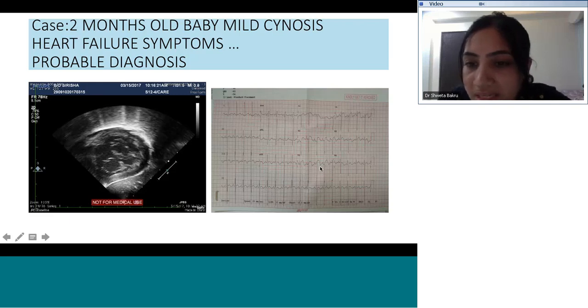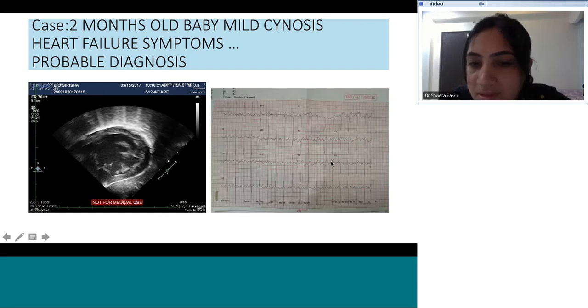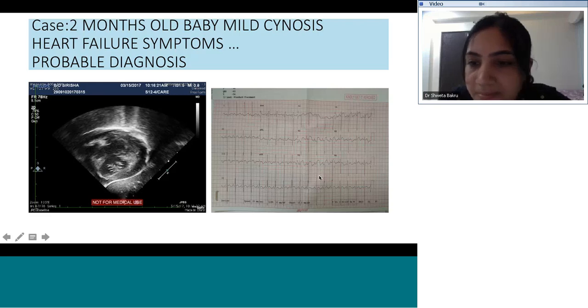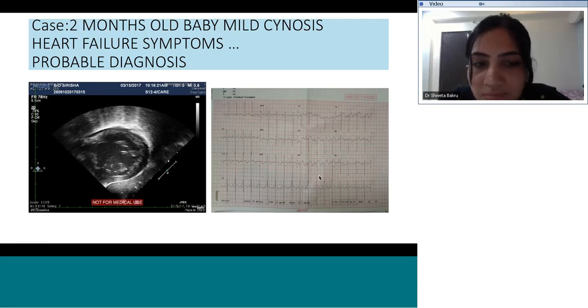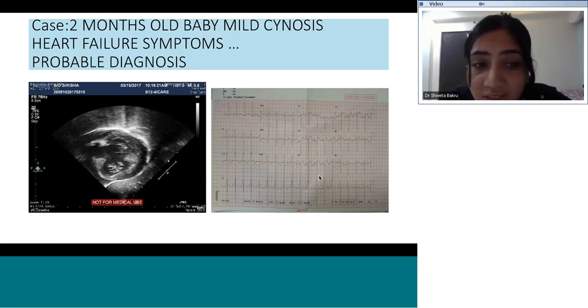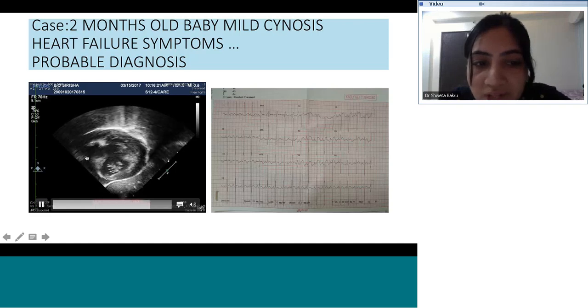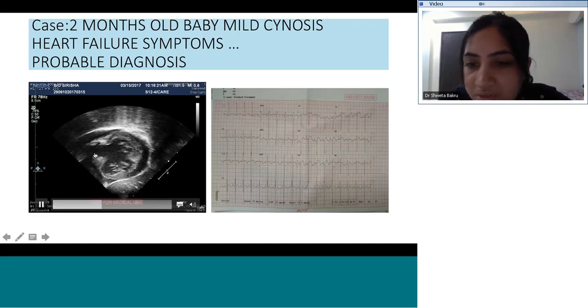Why are you saying that? Any other answers? Truncus. Okay. But Sakshi, are you seeing three components of truncus here?